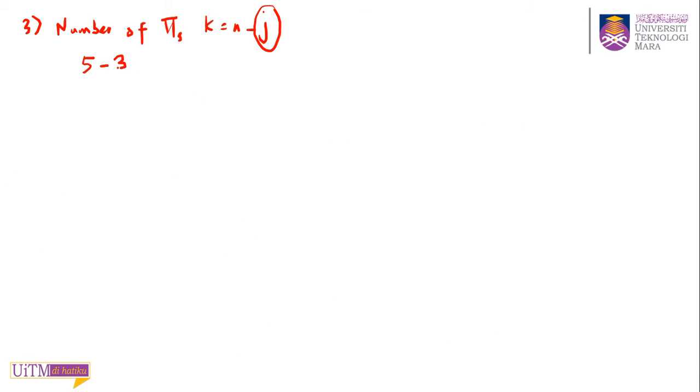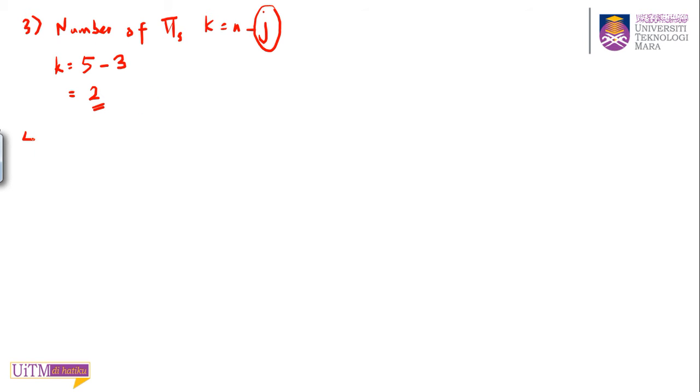So your number of pi or K will be 2. 5 minus 3 will be 2. So that means you will have 2 pi's, or 2 dimensionless parameters, that you need to generate in this question. So you know that you have 2 pi, non-dimensional and non-repeating.